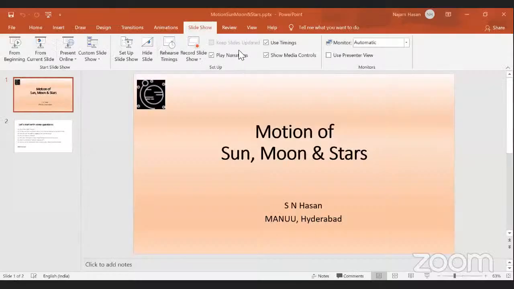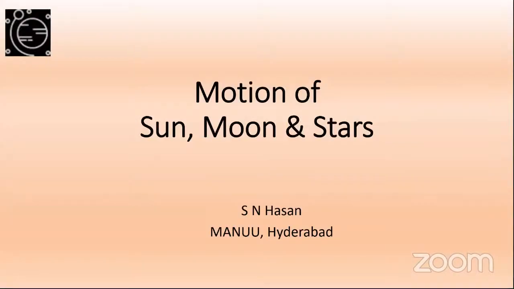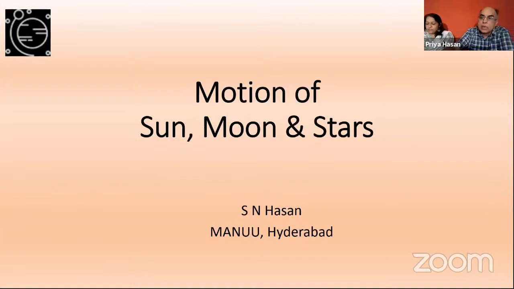I have one doubt, madam. Yeah, please ask. So after measuring the distance from the mirror to the wall, and also after measuring the diameter of the circle, how will you determine the size and the distance from the sun to the earth? Yeah, so what we get is by taking the ratio. We only get the ratio. If one piece of information is available, if you know the distance, then you can find the diameter.